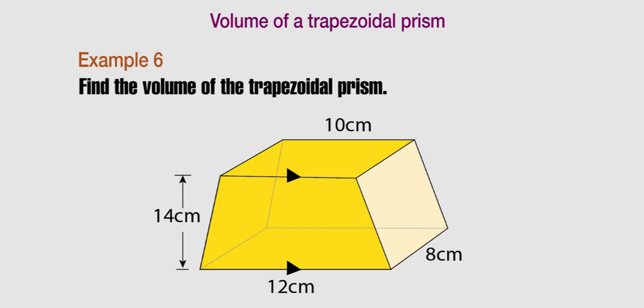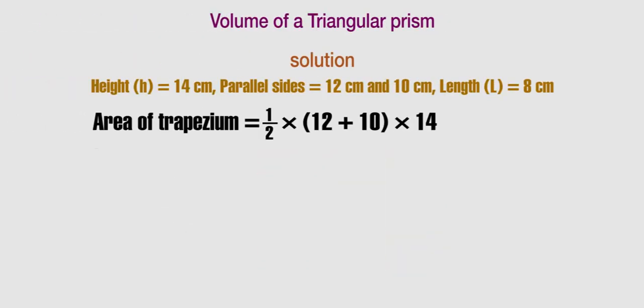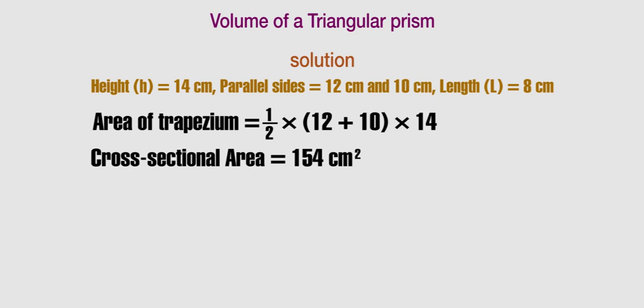Therefore, the area of the trapezium is given by half multiplied by 12 plus 10 in brackets multiplied by 14. Therefore, the cross-sectional area is equal to 154 centimeters squared. If you use your calculators, I'm sure you can get the results.